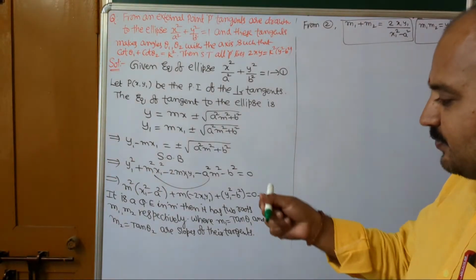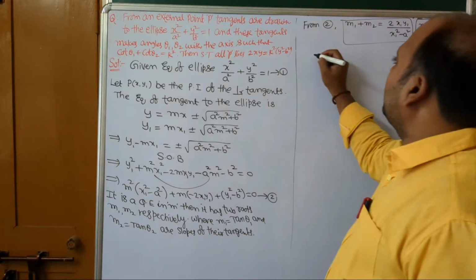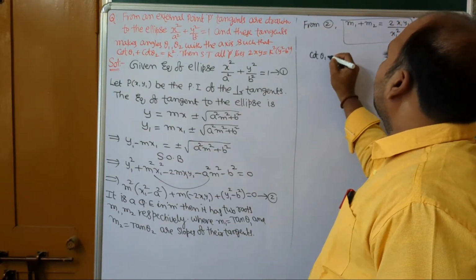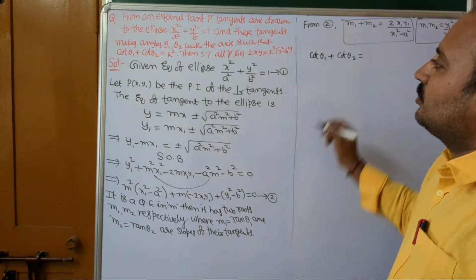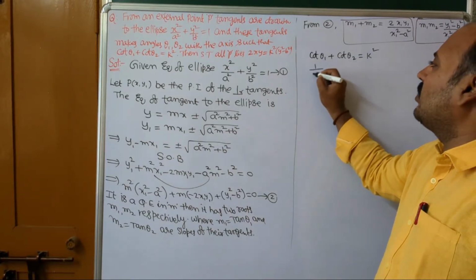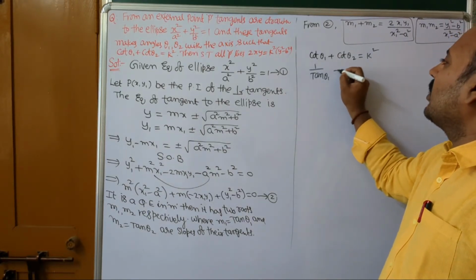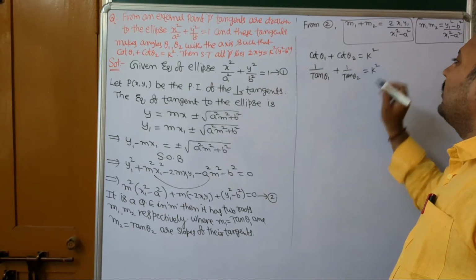After that, what condition is provided? Cot theta 1 plus cot theta 2 is equal to k square. Cot theta 1 means 1 by tan theta 1 only, no?